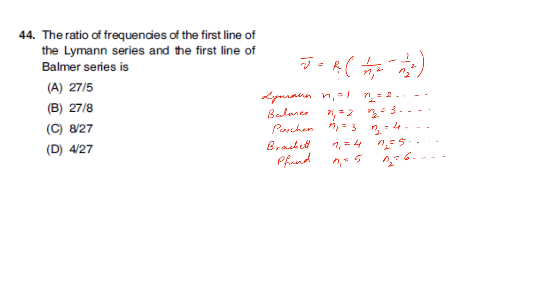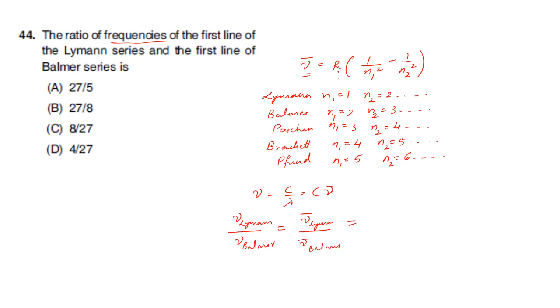So here it is asked to compute the ratio of frequencies, but this one is a wave number. So we know that nu is given by c by lambda, that is c into nu bar. So nu Lyman divided by nu Balmer is equal to nu bar Lyman divided by nu bar Balmer.